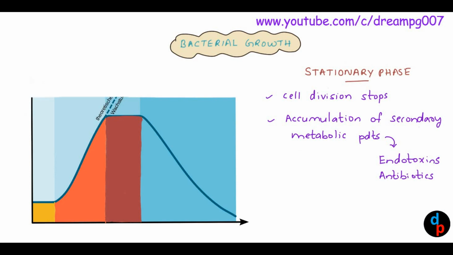As a result, there will be irregular staining of the bacterial cells in the stationary phase. It is in this phase of the bacterial growth curve that sporulation occurs. So, an important point that you have to remember is that sporulation of bacteria occurs in the stationary phase of the bacterial growth curve.